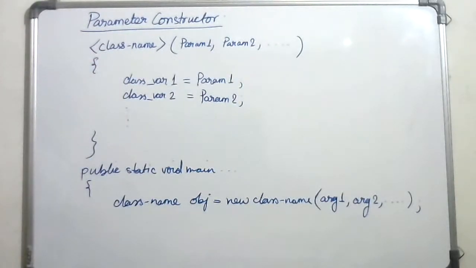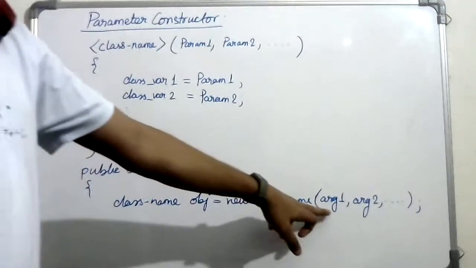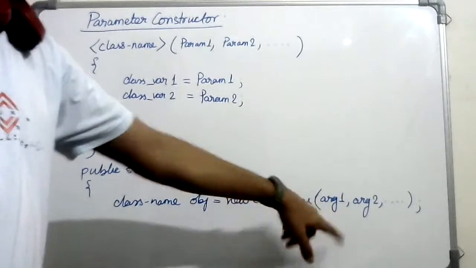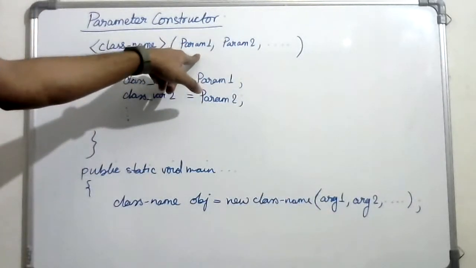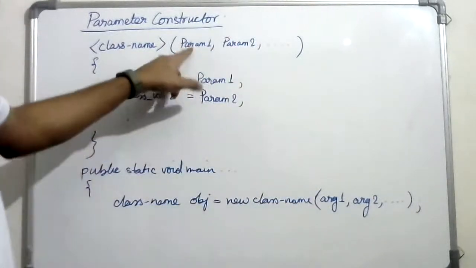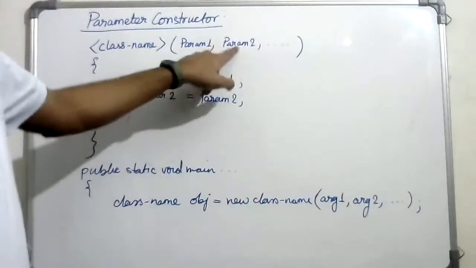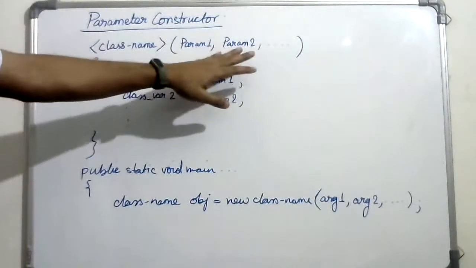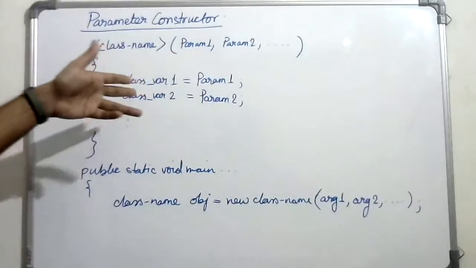The values are called arguments, the variables are called parameters. So argument 1 is received in parameter 1, argument 2 in parameter 2, and so on. These parameters are then used to initialize the class variables.